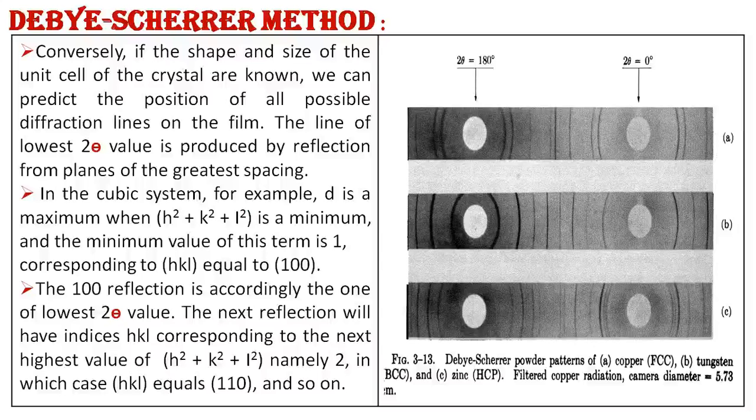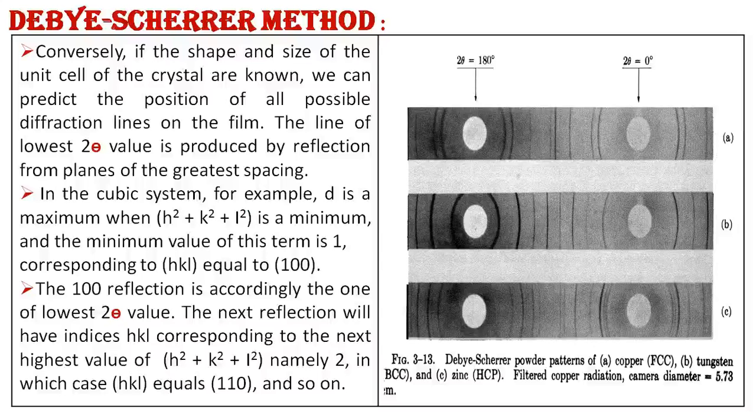In the cubic system, for example, d is a maximum when h squared plus k squared plus l squared is minimum, and the minimum value of the term is 1, corresponding to hkl equal to 100. The 100 reflection is accordingly the one of lowest 2 theta value.